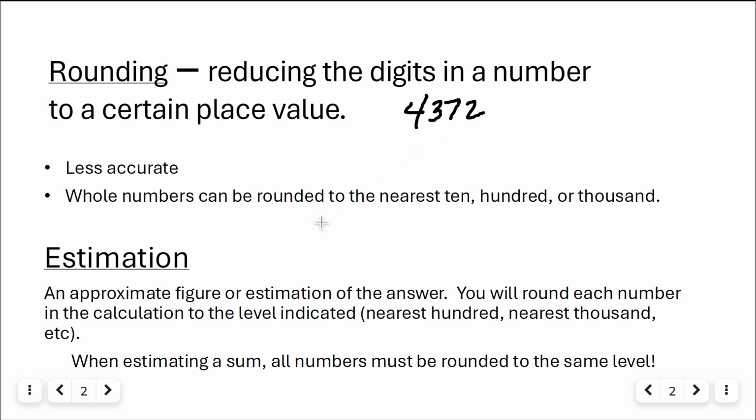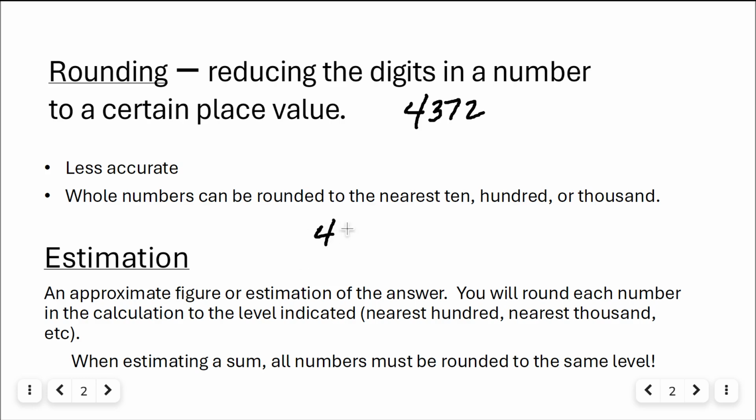do some calculation. An estimation is an approximate figure or estimation of a final answer. Okay, you round each number in the calculation to an indicated place, nearest 100, nearest 1,000, and then when you estimate, all the numbers need to be rounded to the same level.